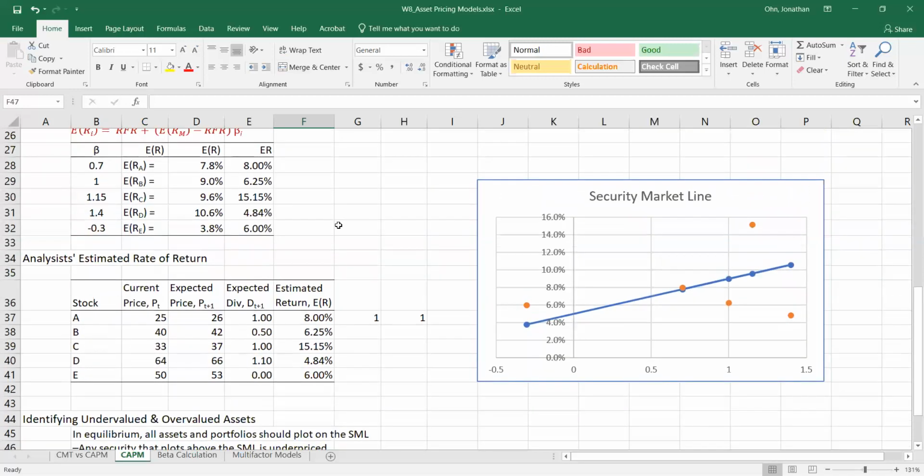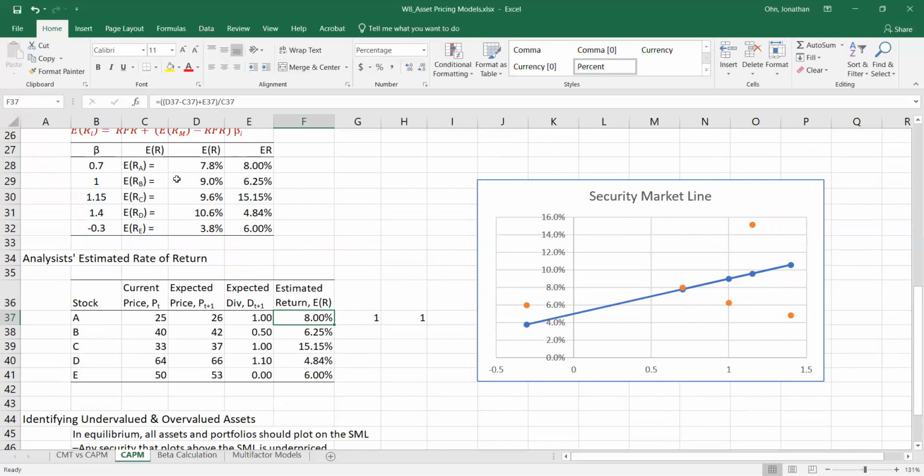So now, if I put this estimated return on here, which one is stock A? Stock A is 8%, and it is very close to the CAPM return, so we could say this is fairly valued.